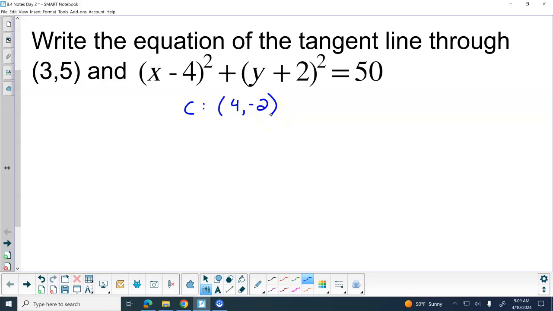What can you tell me about this point? Yep, that works. Okay. What can you tell me about this point and this center? What's the slope of the radius?